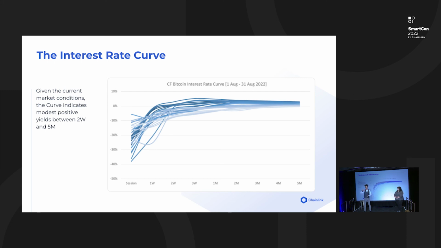Once you get into week 1, 2, 3, and months 1 through 5, then you can see it's yielding a small positive yield for Bitcoin out for 4, 5, 6 months, which is a far cry from what Bitcoin yields were this time last year, when it was north of around 20% annualized.